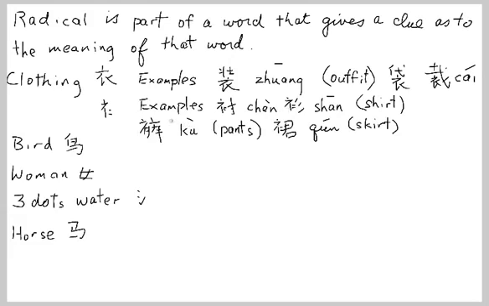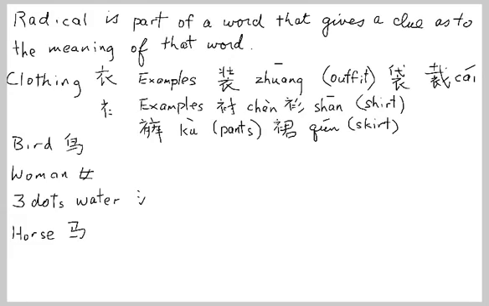Ku. Again, you have the radical on the left and this writing on the right, and this is ku. Ku means pants. Duan ku, duan means short, so short pants are shorts. Chang ku, chang means long, so chang ku means long pants.